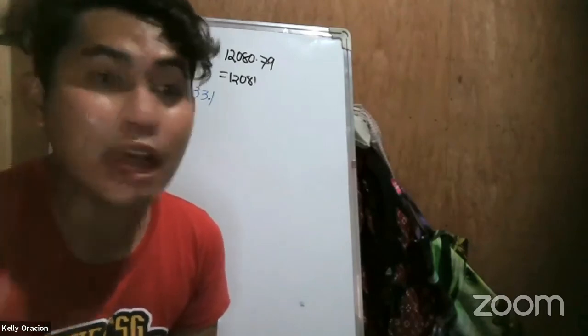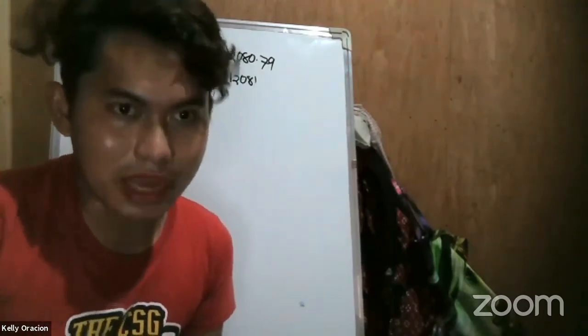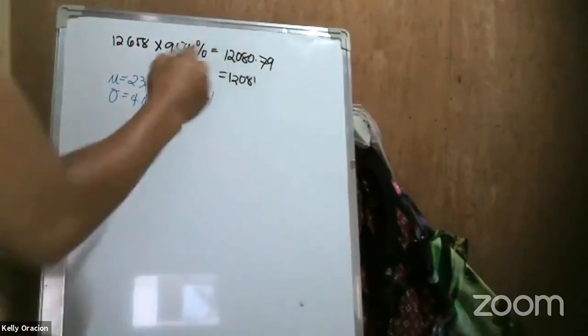Okay, again, it's outlier. So it's either 2 standard deviations above or below the mean. So we are going to check using this one.